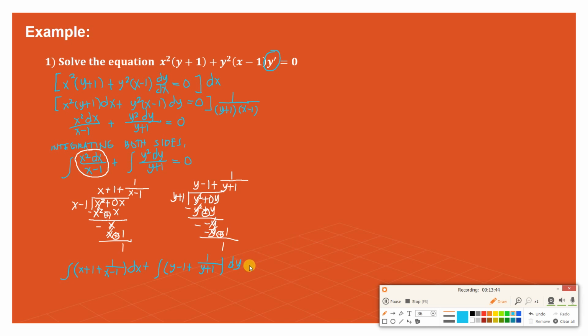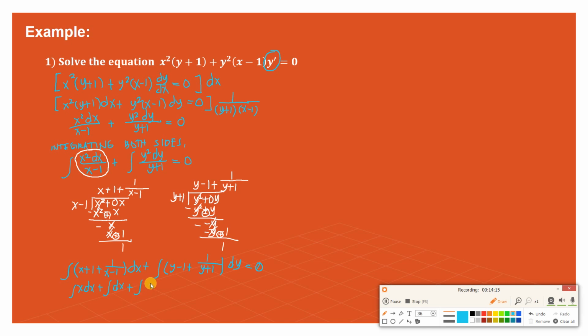So, next is, we can now apply integral calculus. So, by separation, pwede natin i-separate isa-isa. So, we have integral of x, integral of dx. Isa-isahin natin yan. Dx na lang kasi 1 yun.